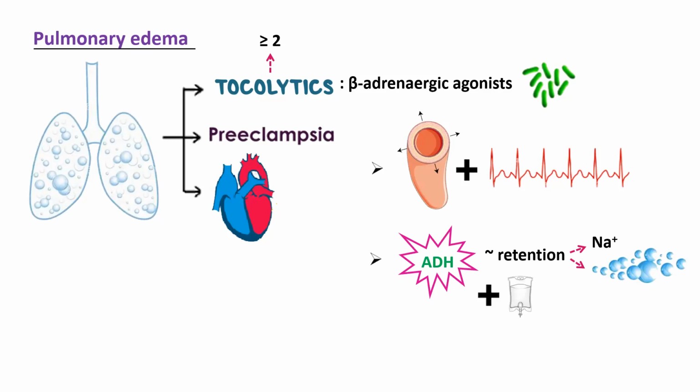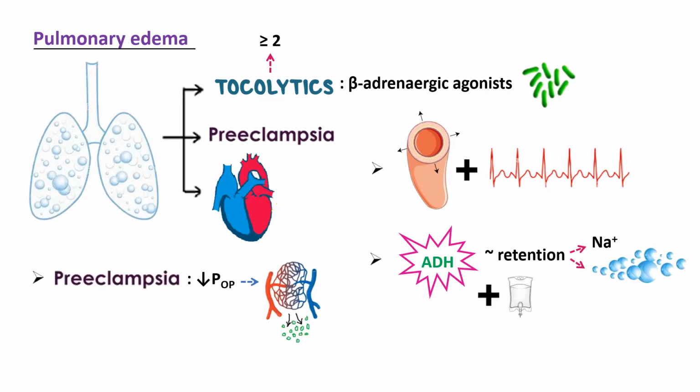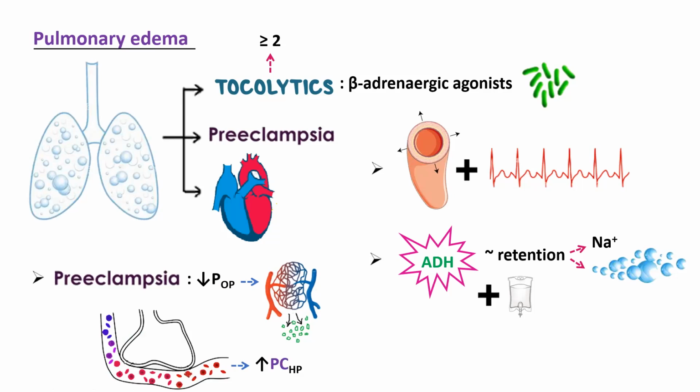And this, along with any fluid resuscitation that is happening, pushes them at a higher risk of developing pulmonary edema. And in preeclampsia, it is shown that the plasma oncotic pressure tends to come down, which leads to a lot of capillary leakage, which pushes them to have pulmonary edema.